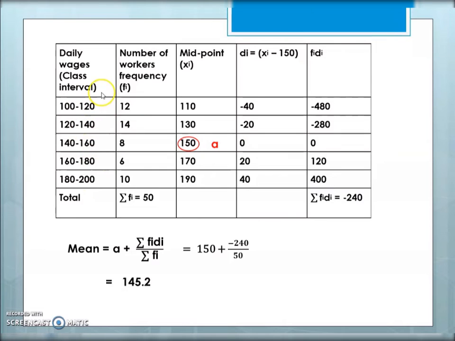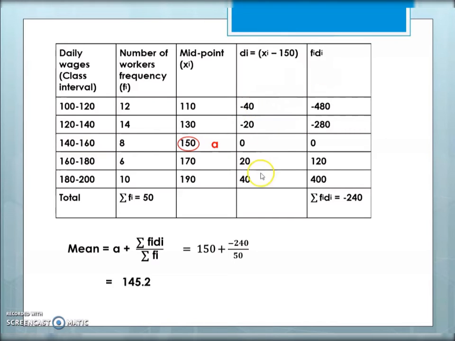So the class size is difference of upper limit minus lower limit, that is 20. Now further, if this di column is divided by 20, the numbers will reduce further. So you will find another column ui, which is equal to xi minus A by h. h is the class size.